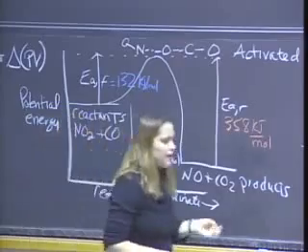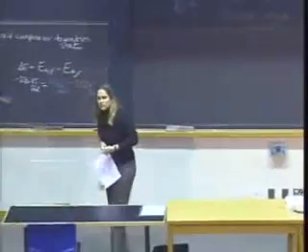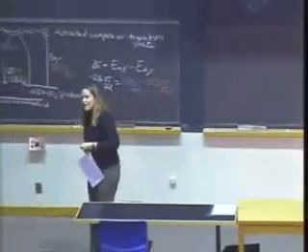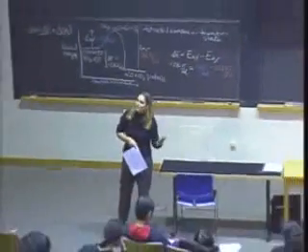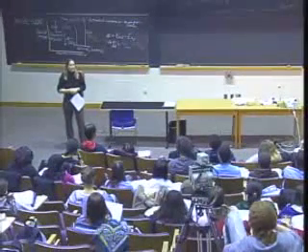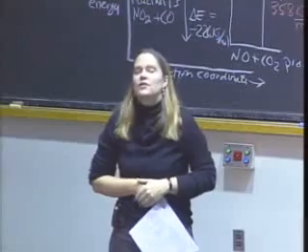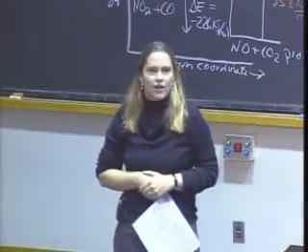So if we think about activation energy barriers, every reaction is going to have some activation energy barrier. Just like most things we do in life have some activation energy barrier. For me, writing papers or writing grants, there's a very large activation energy barrier to get started.